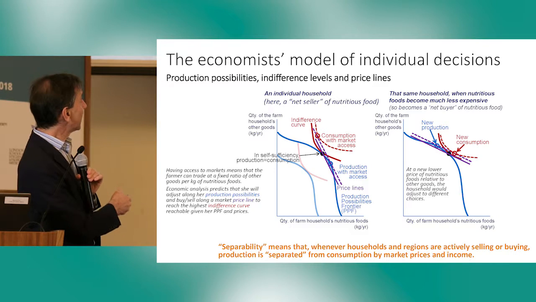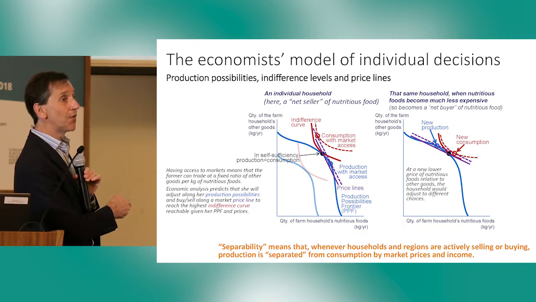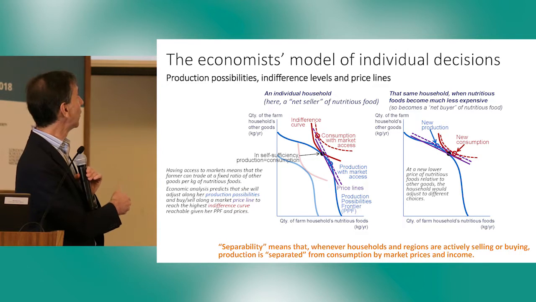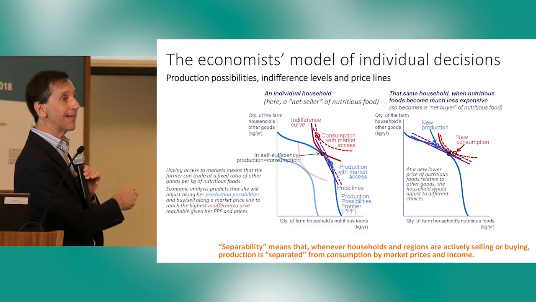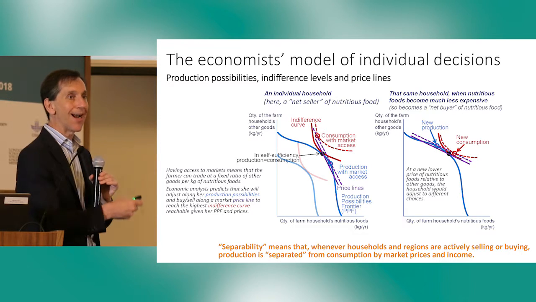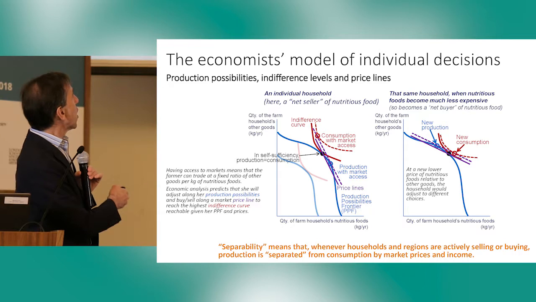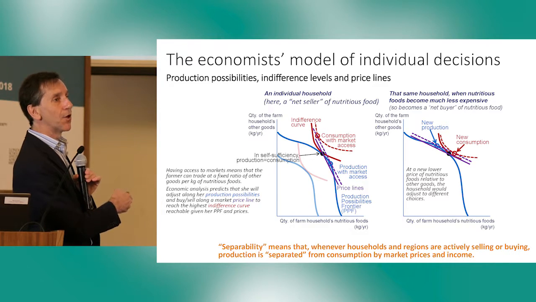So in this diagram, the household's neighbors, the society in purple, remember agriculture is in blue, consumption and nutrition is in red, and social interactions are in purple. How much other things are they willing to give for nutritious foods here?